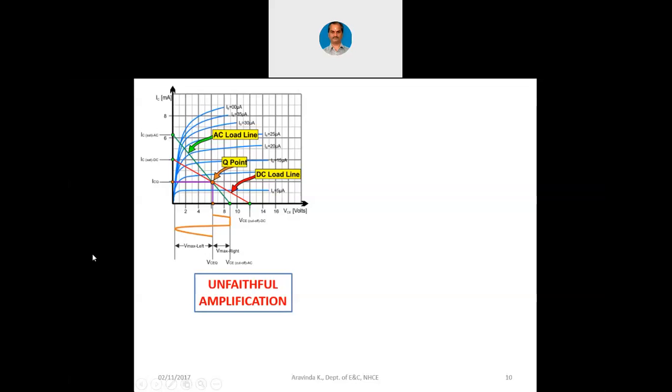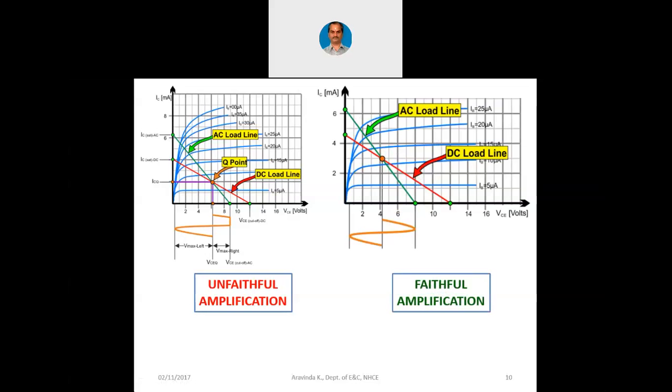Now how should a faithful amplification look? This is a faithful amplification, where you can see the AC load line and DC load line have the same slope, but the input signal has to be applied smaller now. You can see here, when the input signal was here, we had unfaithful amplification.